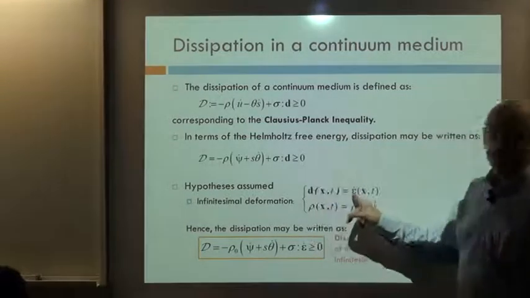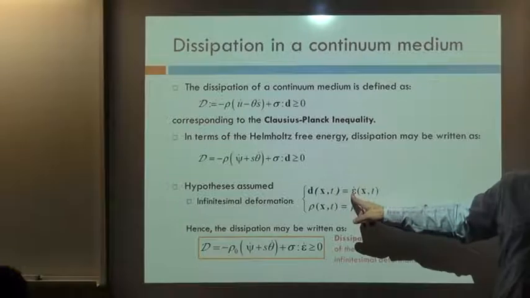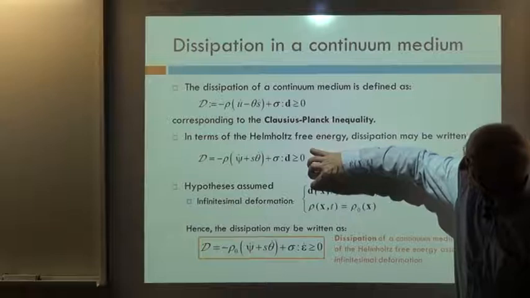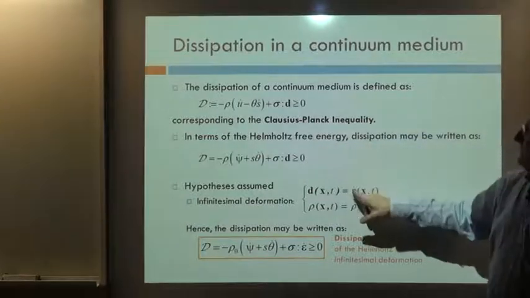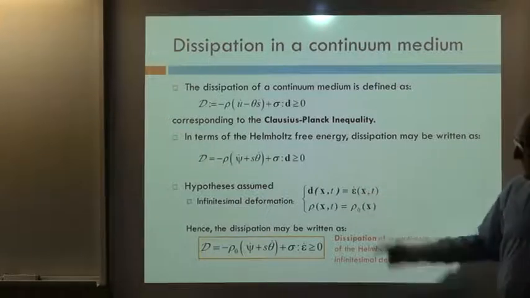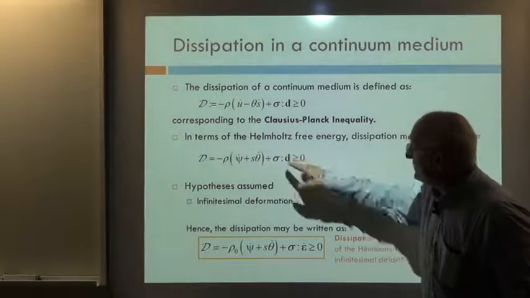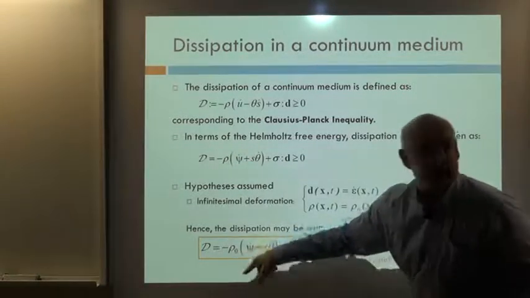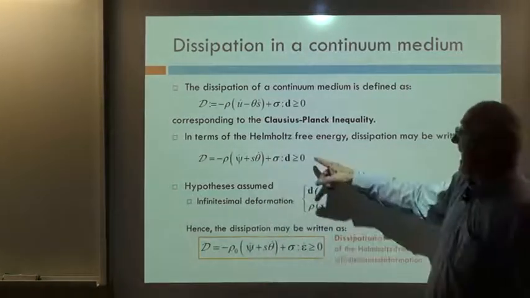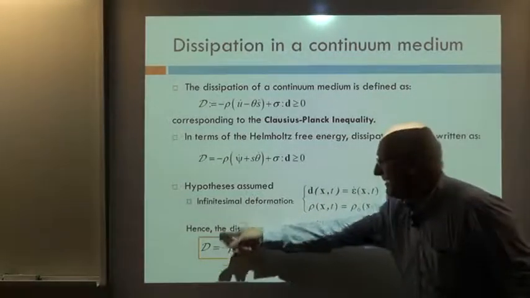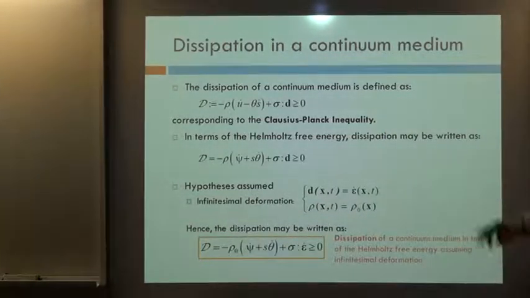Epsilon will stand always for the infinitesimal strains, the symmetric gradient of the displacements, and in that case it can be proven that the rate of the strain tensor coincides with the derivative with respect to time of the infinitesimal strain tensor. Under these equations, instead of rho we have rho zero, so that's not an unknown, that's something that we know. And d is the rate of strain. This is the form of the dissipation equation that we are going to use in the following.